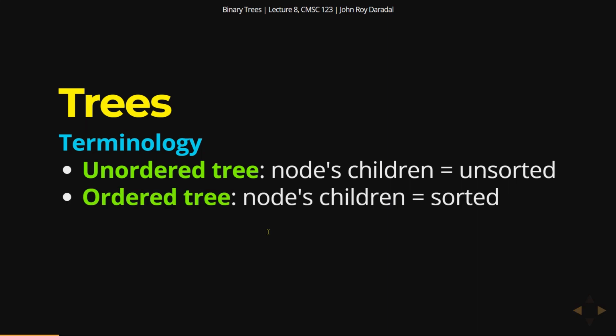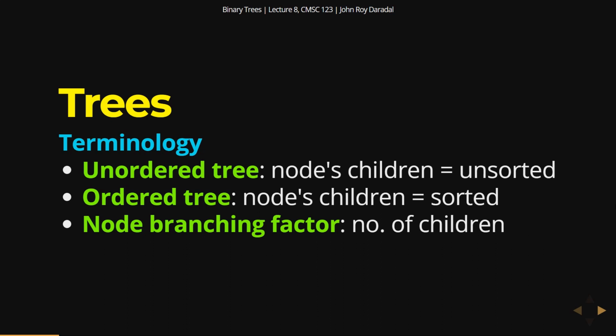But if the children of the nodes have a sorted order, so it's important that A is the left child and B is the right child, or A comes before B and B comes before C, then we call that an ordered tree. So there is a specified order for the children, whereas in an unordered tree, it's just like a set of children. Doesn't matter which child comes first.